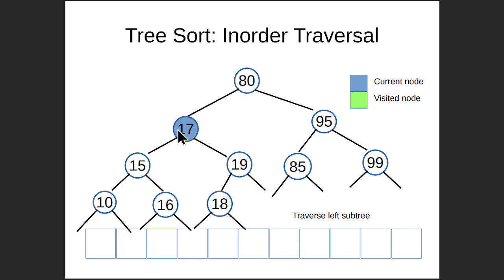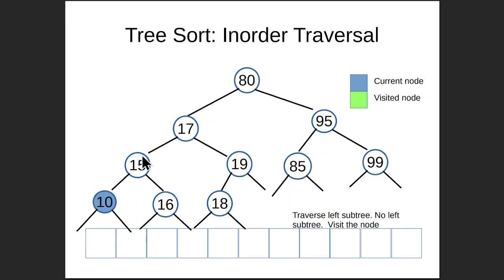Still there is a left subtree for 17, which is 15, so we go to 15, and then there is a left subtree of 15, which is 10. Now we can no longer traverse the left subtree of 10, so we visit 10. That means 10 is printed on this visiting list here.